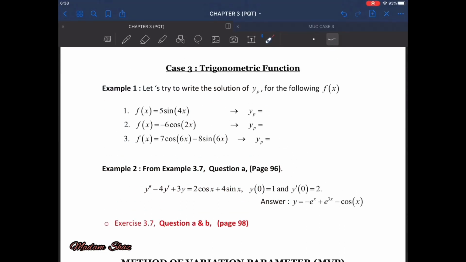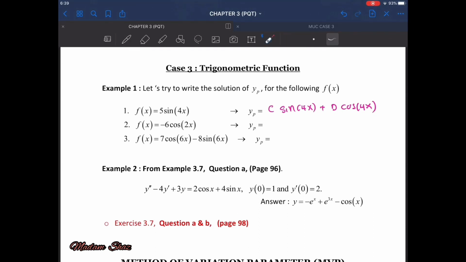Okay, now how to write your yp if your f(x) is equal to 5 sine 4x. The same thing: if you have any constant at the front, either positive or negative, we always write the constant as positive C. So 5 sine will become C sine 4x plus D cos 4x.